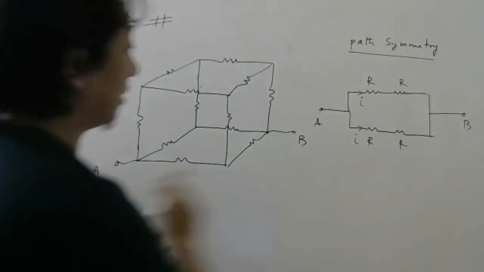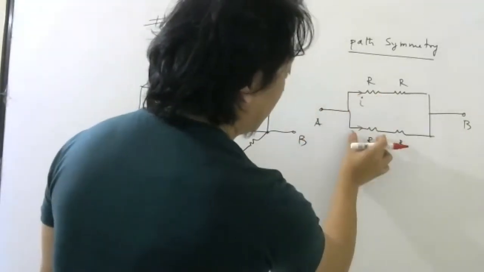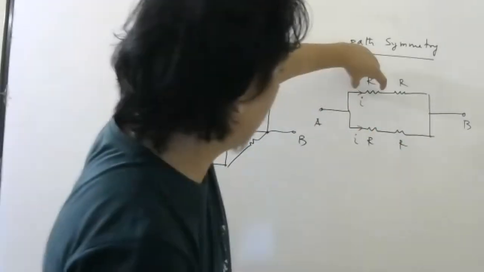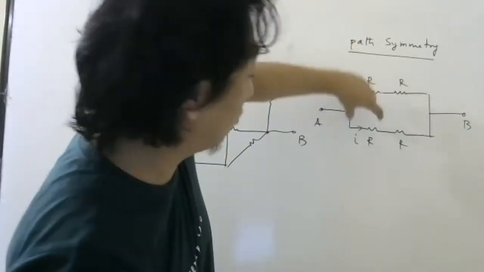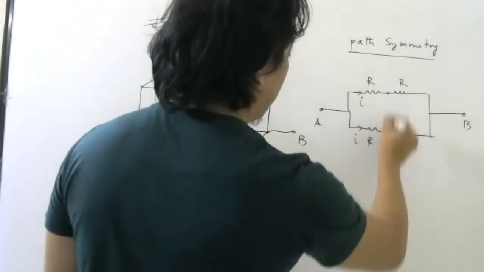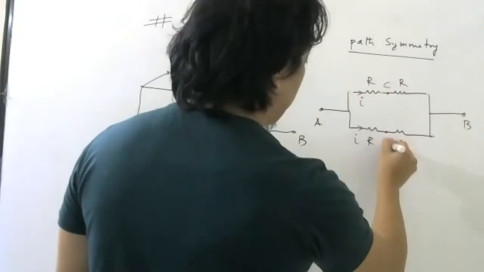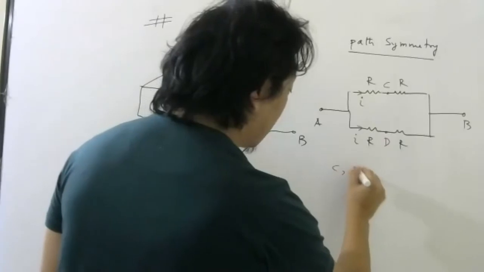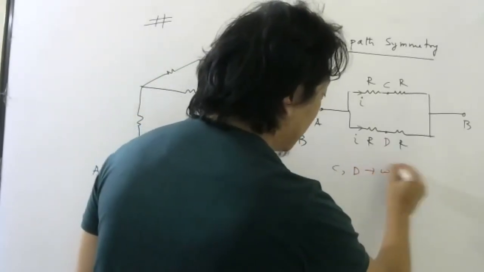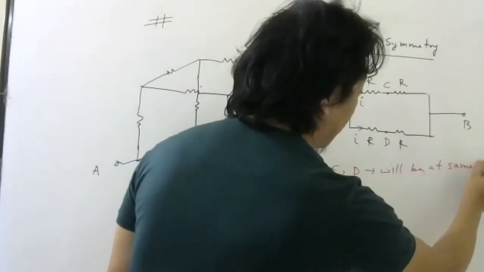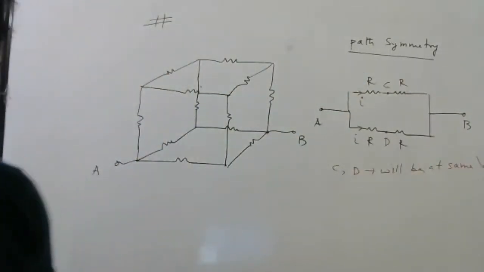Now listen carefully. If current here is I, then voltage here and voltage here will be same. Voltage here will be I into R, voltage here I into R. So if voltage here and here are same, then if I call these 2 points C and D, then it means C comma D will be at same potential.